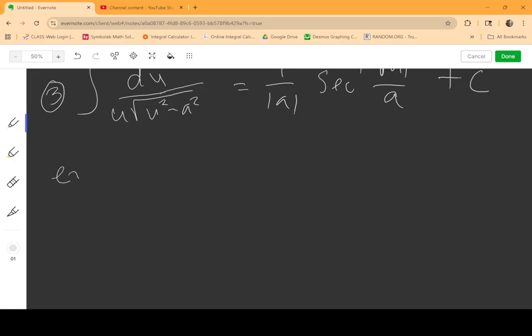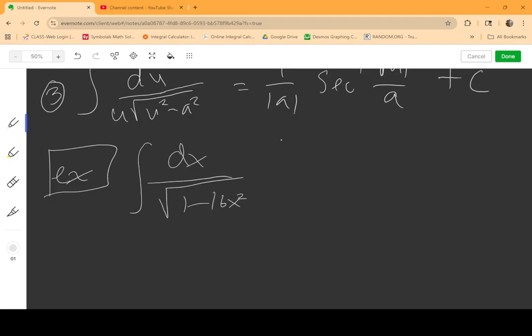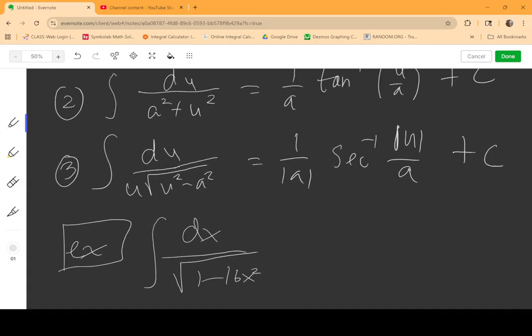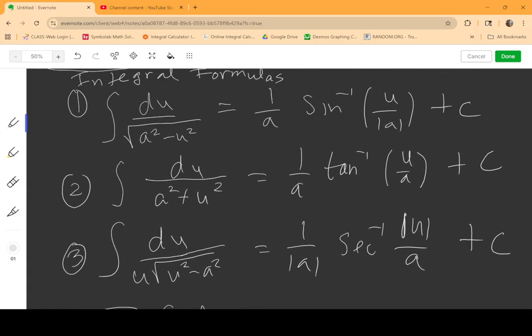Okay, so our first example here is the integral of dx over square root of 1 minus 16x squared. Now notice that it looks like I'm going to need some kind of sine inverse, but it doesn't look like that form right here.